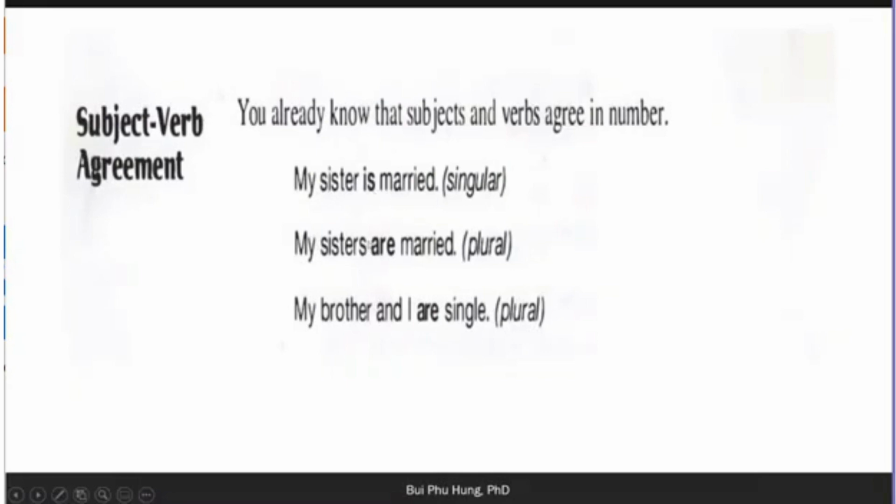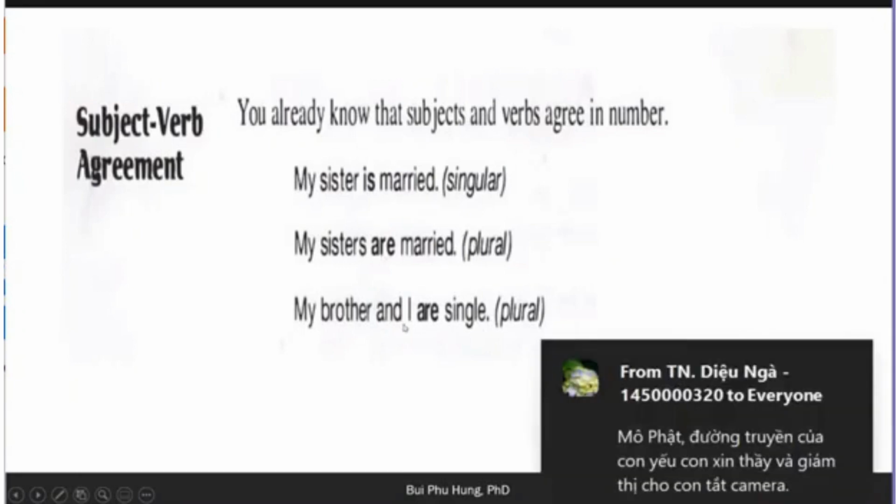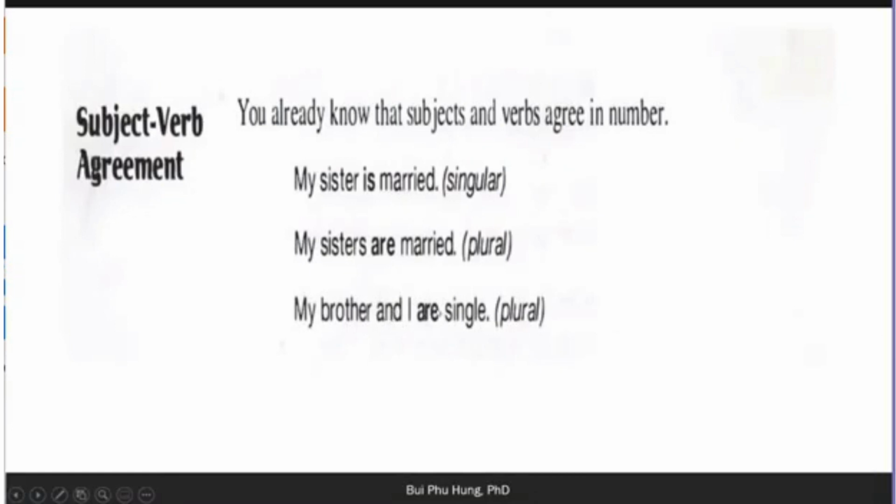My sisters, plural, and are, plural. My brother and I are single. My brother and I, two persons, plural, connected by and, and the verb are is plural.